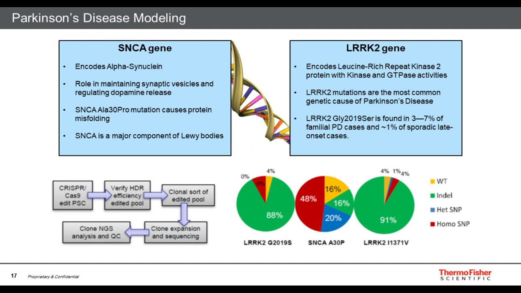So each of these mutations was engineered into the same iPSC line using CRISPR-Cas9 technology by Thermo Fisher's custom services team. After introducing the single base pair changes, the cells were sorted to obtain clonal lines.